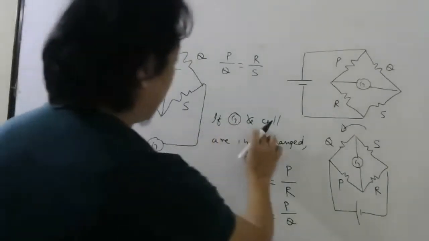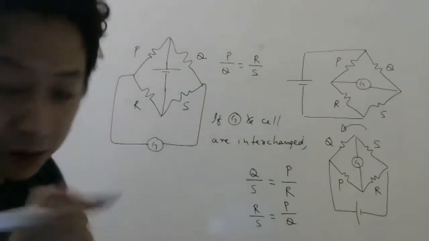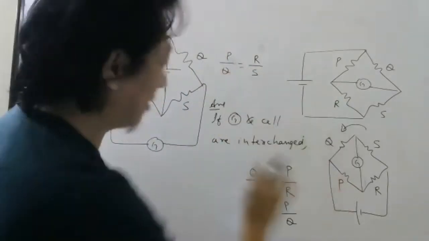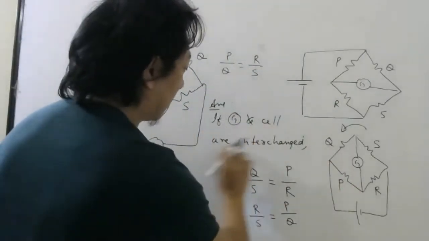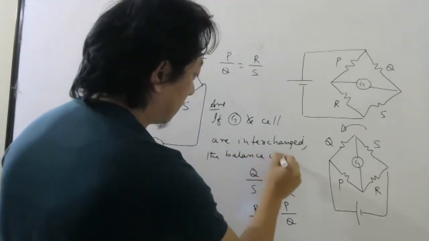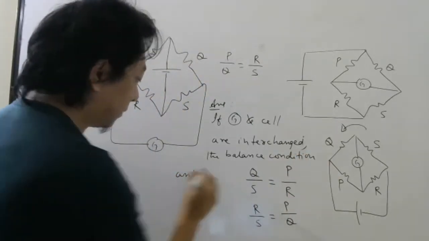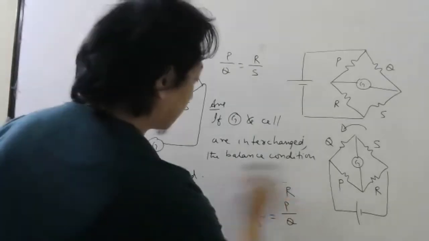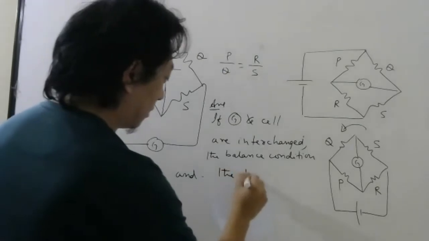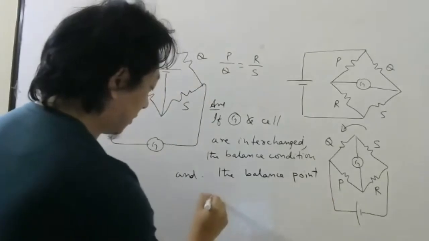If galvanometer and cell are interchanged, the answer for that question will be this one. Everything you don't have to write in exam, just this one. If galvanometer and cell are interchanged, the balance condition and therefore the balance point will not change.